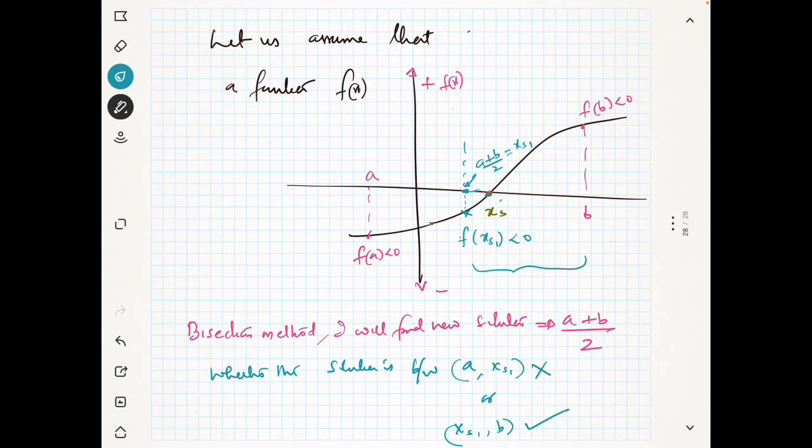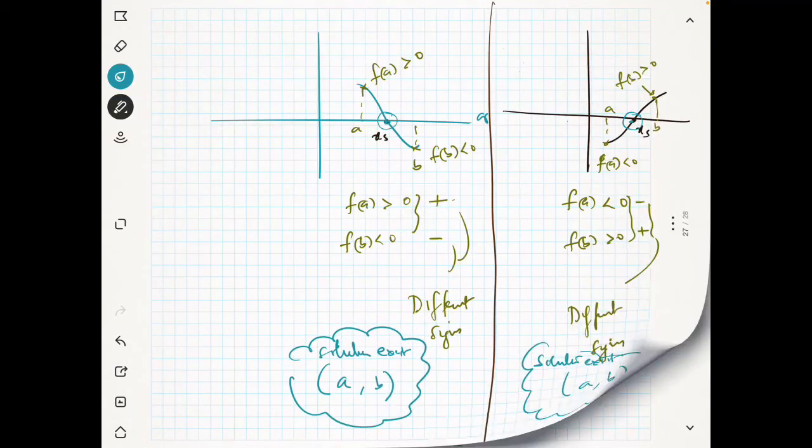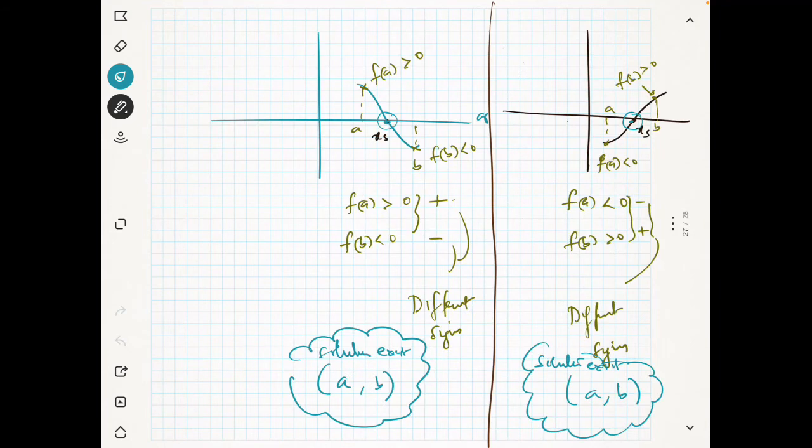Why? Because f of a is negative, and this value is also negative, so there is no solution. Because I told you, whenever we have negative and negative, there is no solution.